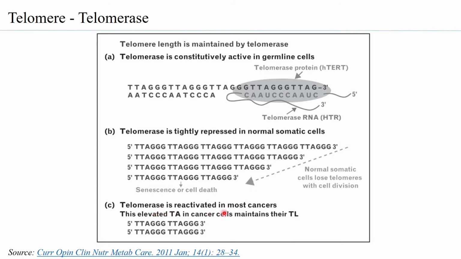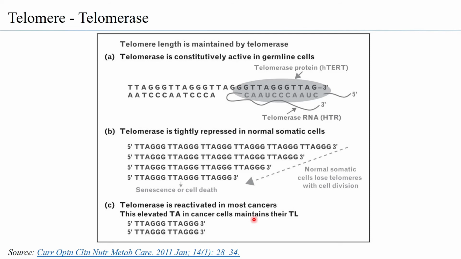Okay, telomerase is reactivated in many cancer cells. So you will see that as the cells keep multiplying in cancer, we know that it is an uncontrolled, not regulated cell division. So with every cell division, you should actually have the telomere length decreasing. If the telomere length decreases, then the cancer cell should die.